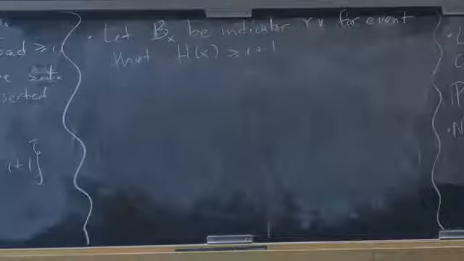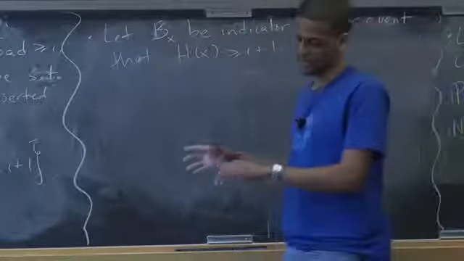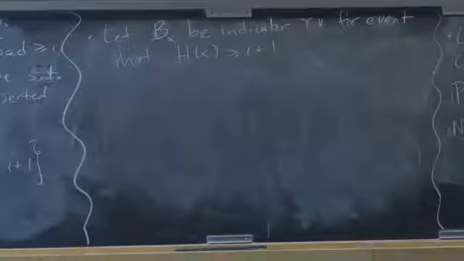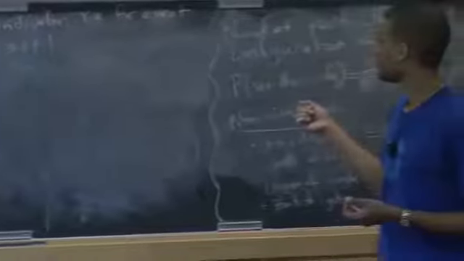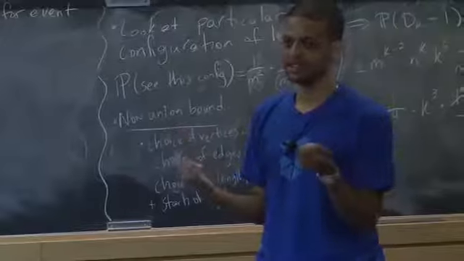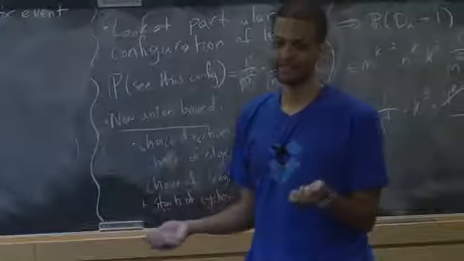So what has to happen? Remember, this is the non-rigorous argument here. So x comes along, and then we hash it. What has to happen for its height to be at least i+1? Well, both of the bins that it hashed to have to have height at least i.